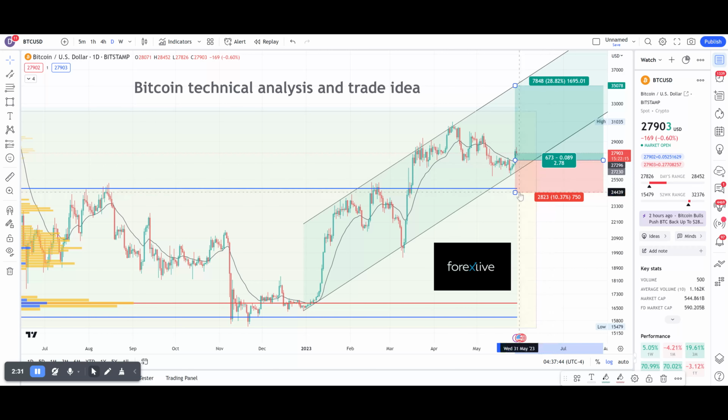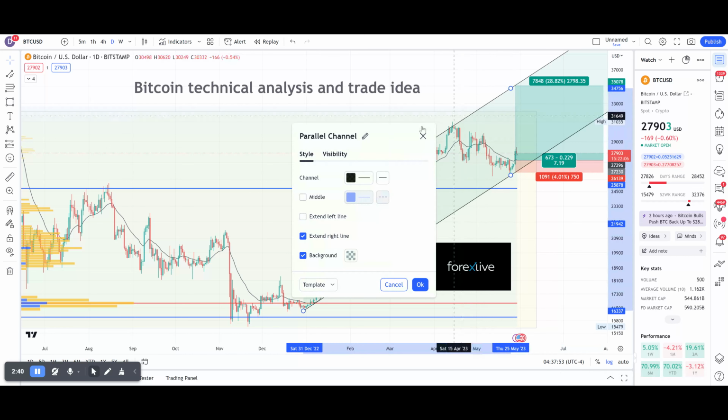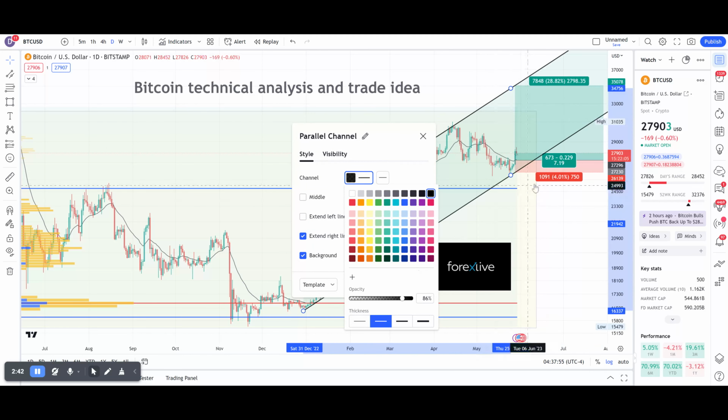Another option is to put that stop if the price crosses down that channel, okay, then we would stop, and then your risk is approximately 4%, and you're going for a 7.19 to 1 reward versus risk, okay, aiming for that big 35,000 number.